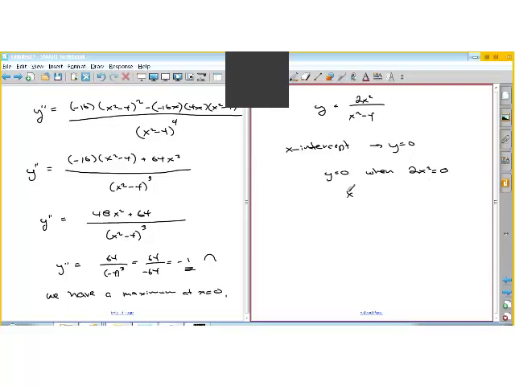And that's the case when x equals 0. So our x-intercept is x equals 0. The y-intercept is when x is equal to 0. So if we plug x equal to 0 in there, we get y is equal to 0. So the origin is both the x and y-intercept.